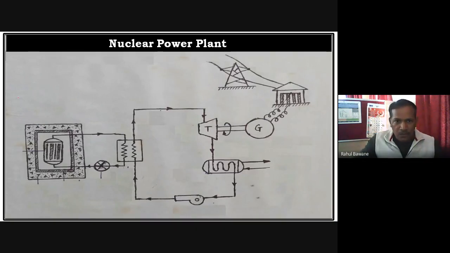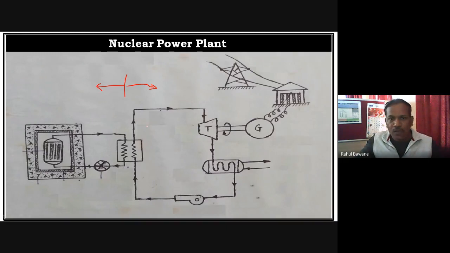The first part, up to this, plays a role with nuclear fuel only. So this nuclear fuel or radioactive fluid is not passed on to the second system, and the second system will have steam.